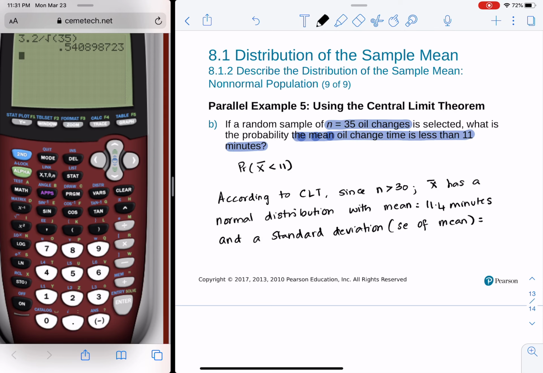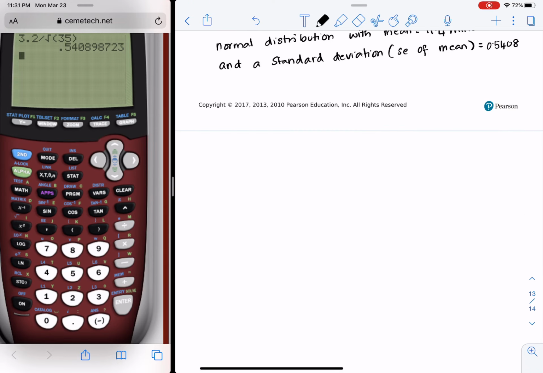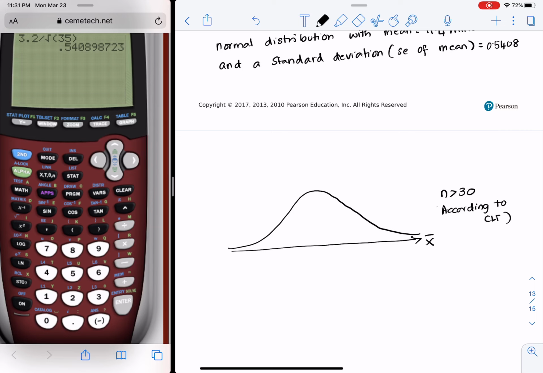So what we have is 0.5408, which would imply that we have a bell curve for x bar because n is greater than 30, and according to CLT, the mean would have a normal distribution.